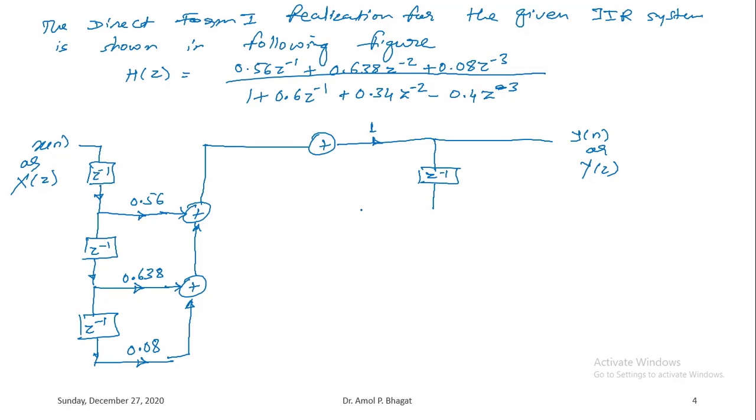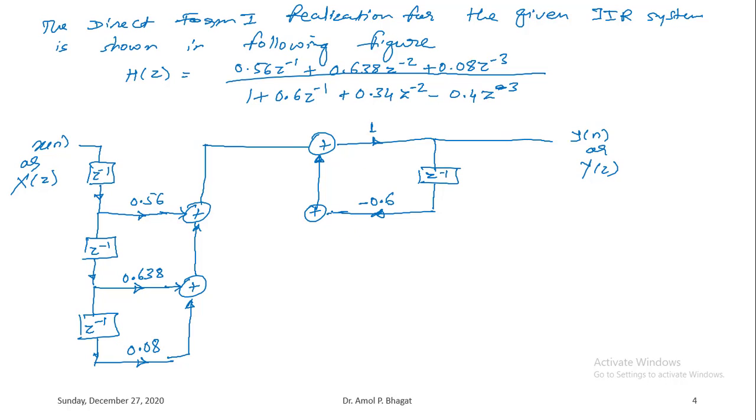Then the delayed output is multiplied with 0.6, but as it is in the denominator, it is a positive term, we have to take it as minus 0.6 as discussed in the previous session, right? Because these terms correspond to output, and we had taken them from the left hand side to the right hand side, so basically these coefficients are negative in the original. Then this will be added here, right? Then it will be added with this one.